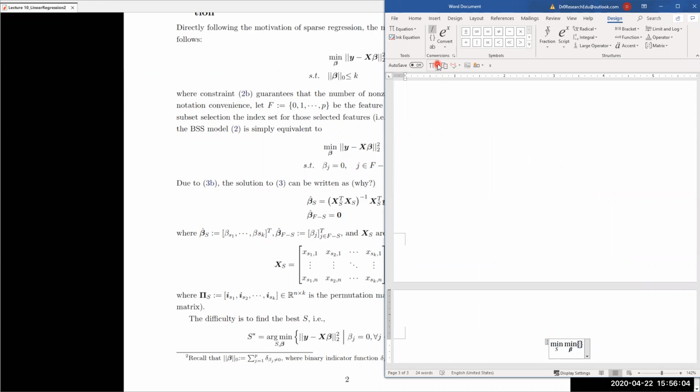It's gonna be the norm of y minus Xs beta, norm 2, subject to what? Subject to beta_{S^c} equal to 0. Subject to this, you know what I mean?